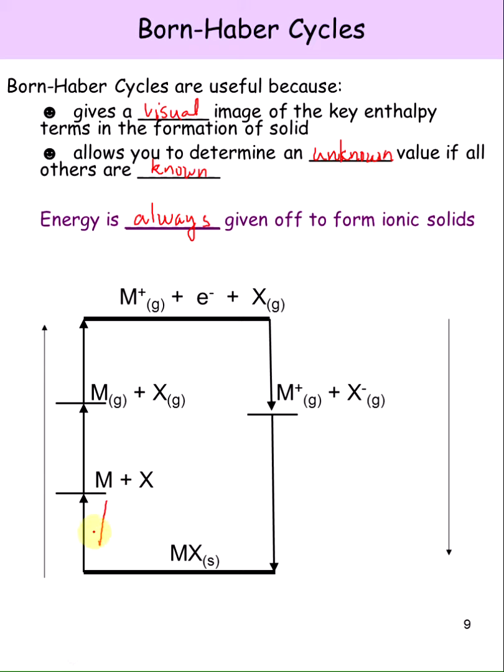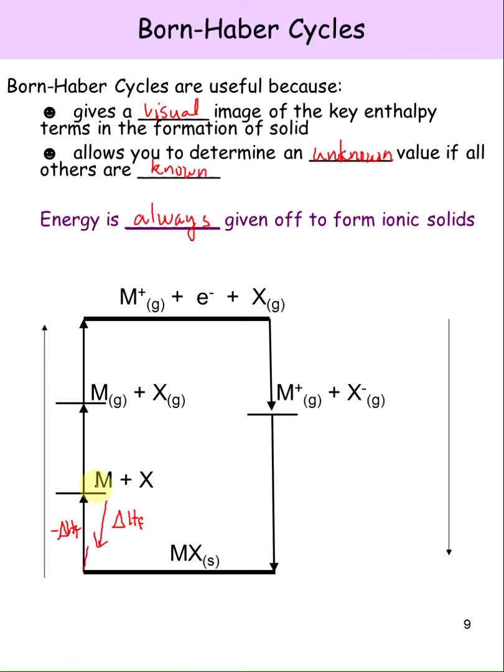But going in this direction is the delta H of formation, but we're going to go in the opposite direction. So we want to break them up, so we want to decompose them rather than form them. So we're going to have to use the negative delta H of formation for going up.